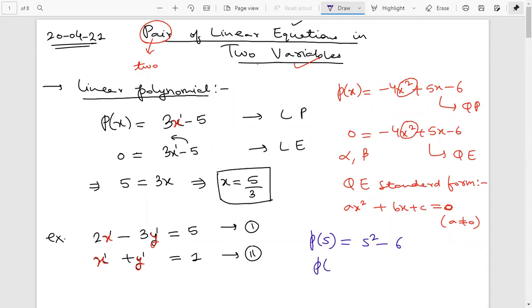We have seen polynomials in terms of t, like 3t cube minus 5t plus 6, but it has only one variable, that is t. Here we have 2 variables, x and y. These are two linear equations, in pair, with 2 variables x and y.